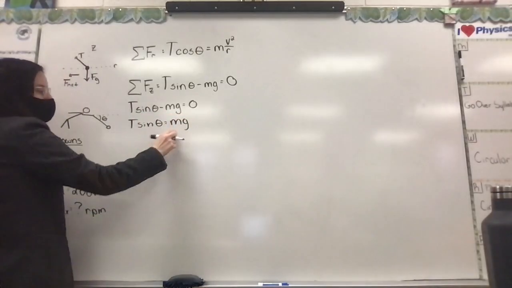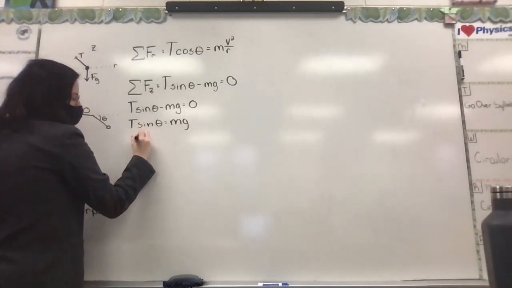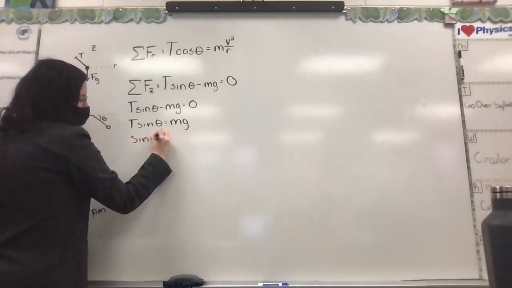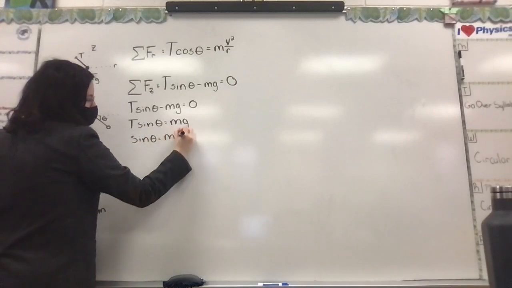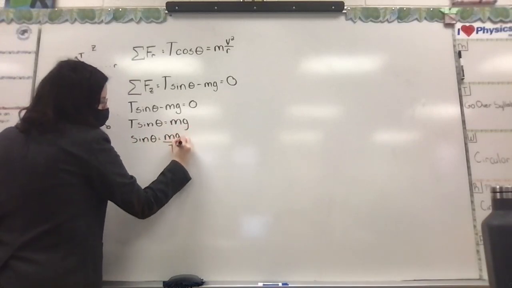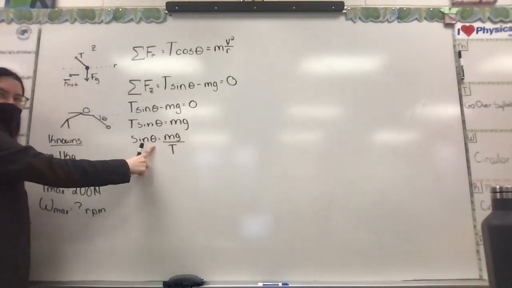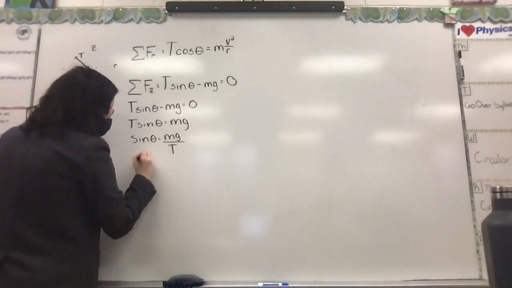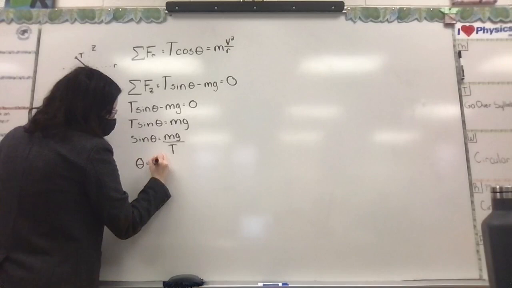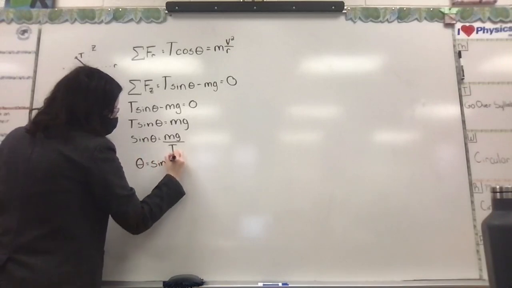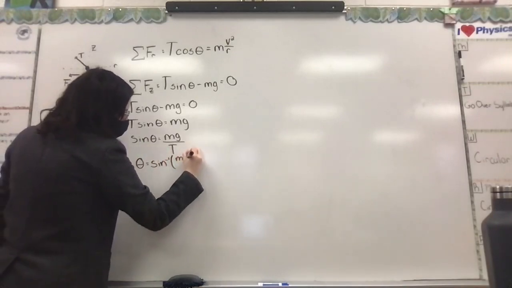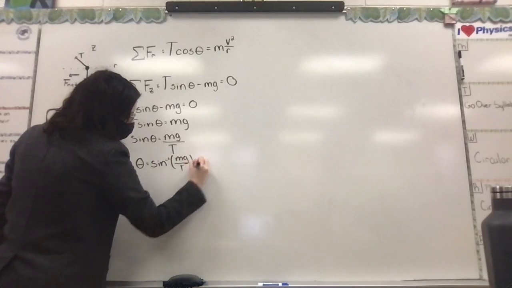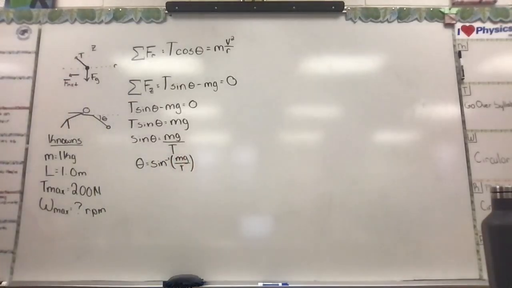Then we're going to want to divide both sides by T. So we'll end up with sine theta equals mg divided by T. And then how we get theta by itself is we do the inverse sine. So we end up with theta is the inverse sine of mg over T. What's the inverse sine? It's the opposite of sine.